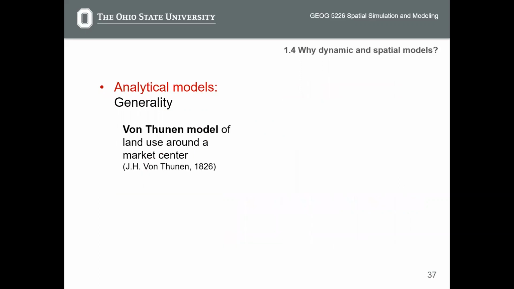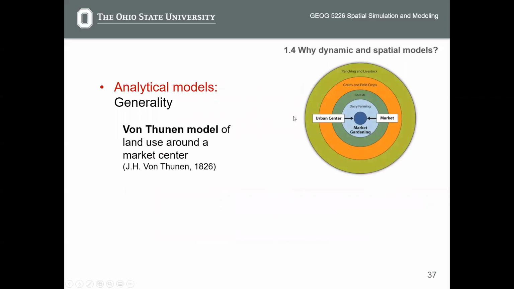Some examples here. The first example is the Von Thünen model of land use around a market center. Here we have a very general model. Because it is pursuing generality, this model can be applied to any market center. So here we don't have the shape of the market, or the farms or the ranches or the forests surrounding this market.